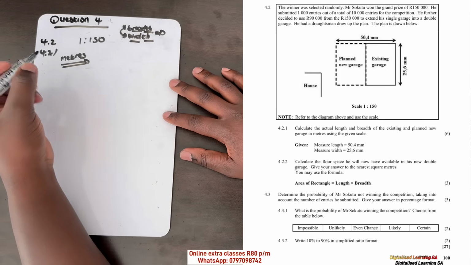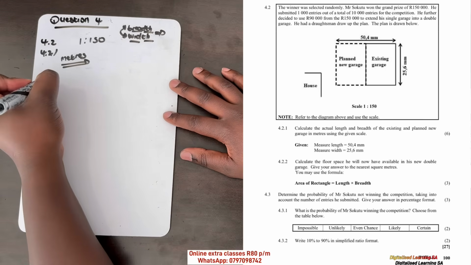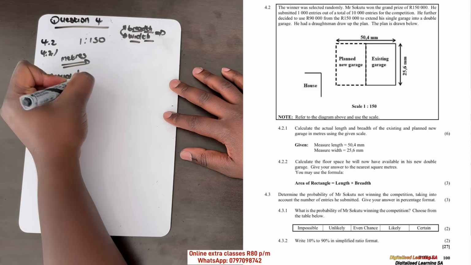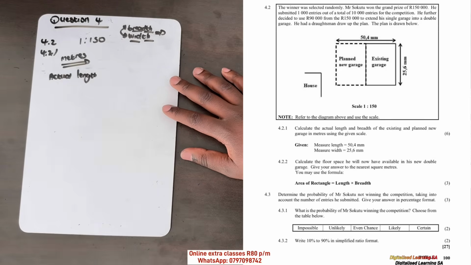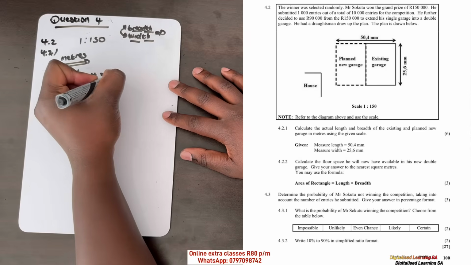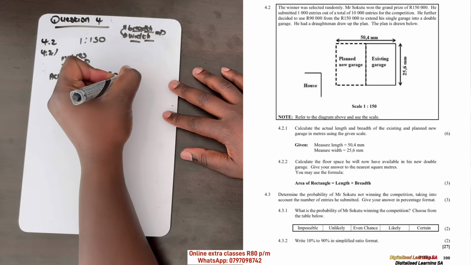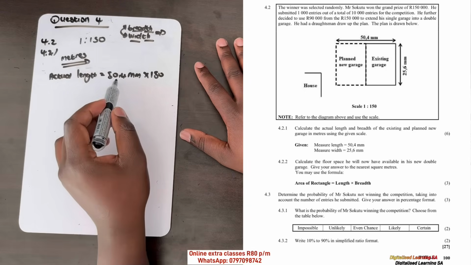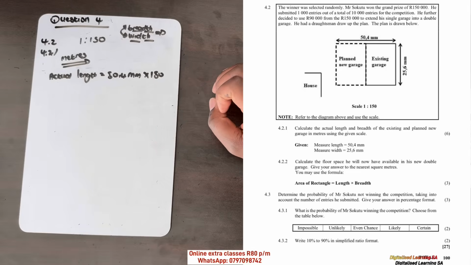So now we need to start with the actual length. To get the actual length, or the length in reality, we just need to say 50.4 millimeters multiplied by 150. Remember, 50.4 millimeters on a piece of paper is equal to 150 times that in reality.